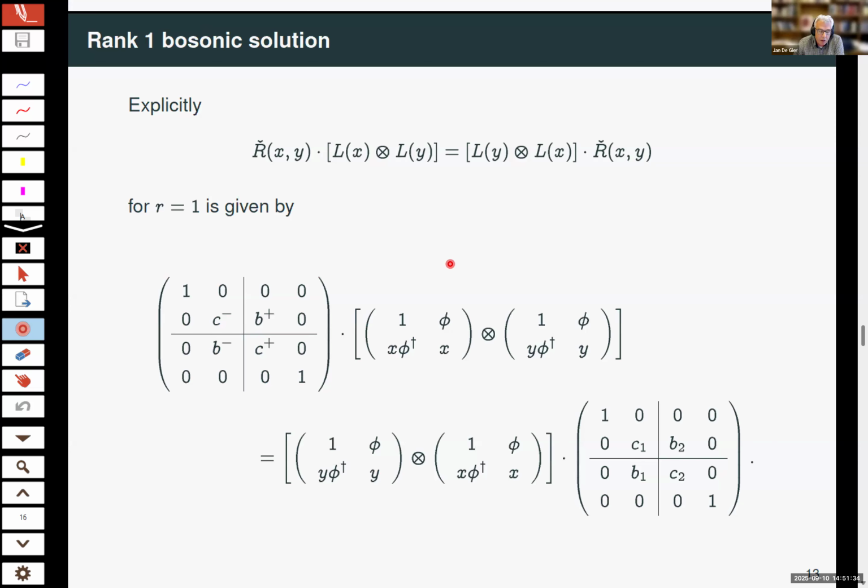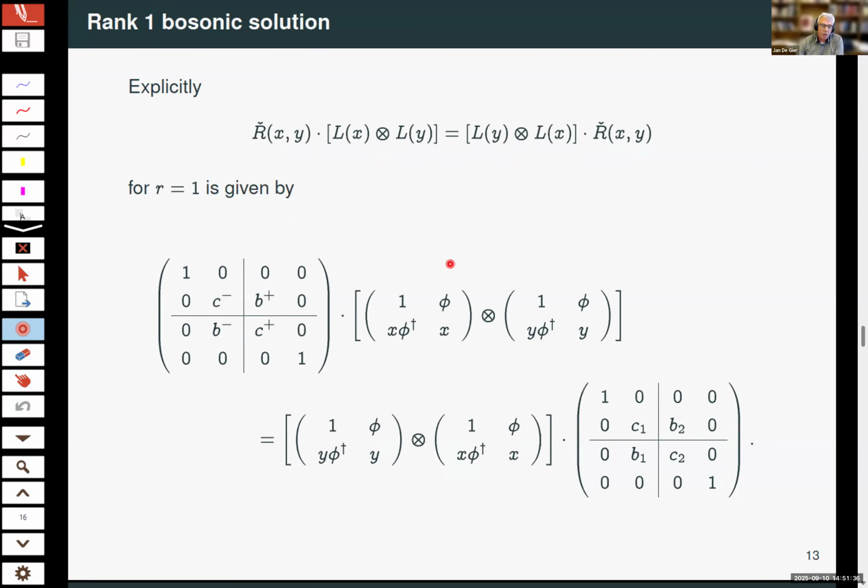So just to give you some examples of what this looks like, in the rank 1 case, we take the 6-vertex R matrix, and I should say we use a stochastic gauge. That was remarked by Tomohiro earlier. Sometimes this is more convenient. The bosonic L operator, familiar to some in the audience, has this form.